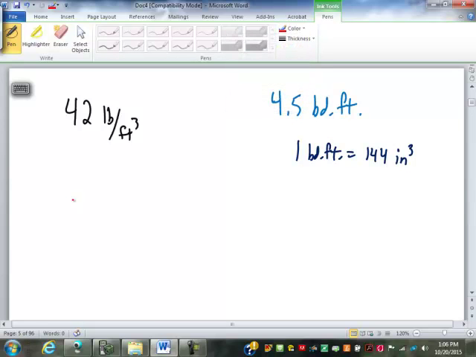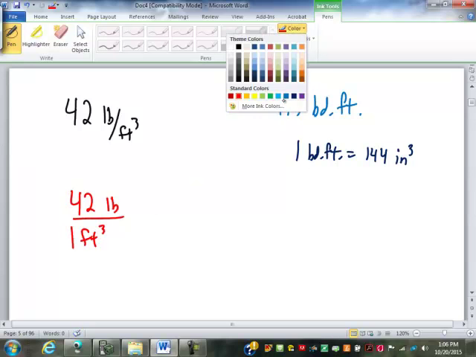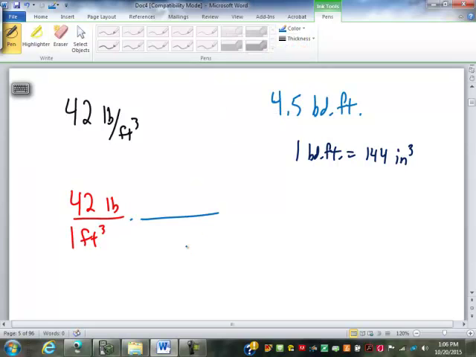So let's do 42 pounds per 1 cubic foot. I'll let you off the hook. One cubic foot is 12 board feet. So 1 cubic foot contains 12 board feet.